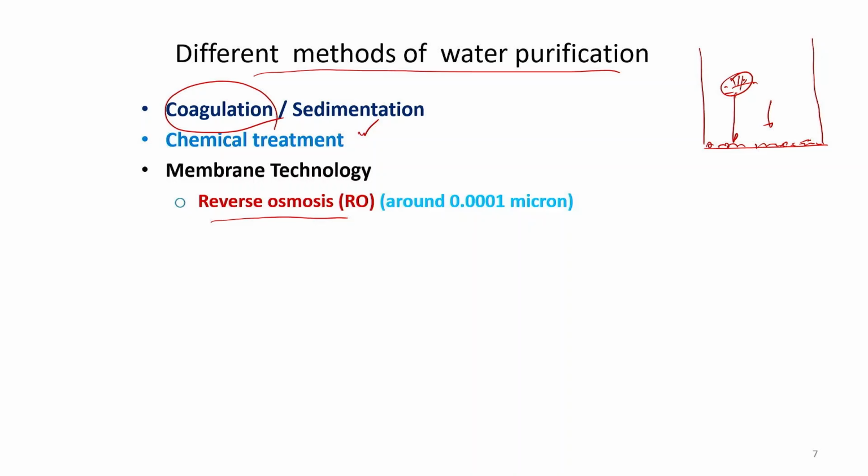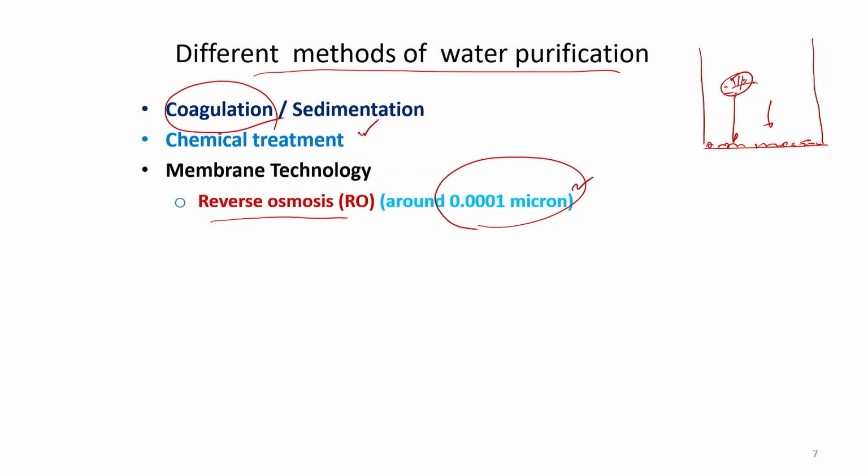It is very commonly used, where the pore size of RO is the smallest pore size available. Here you can see 0.0001 micron, which means it can actually retain and separate out the salt particles present in the water.